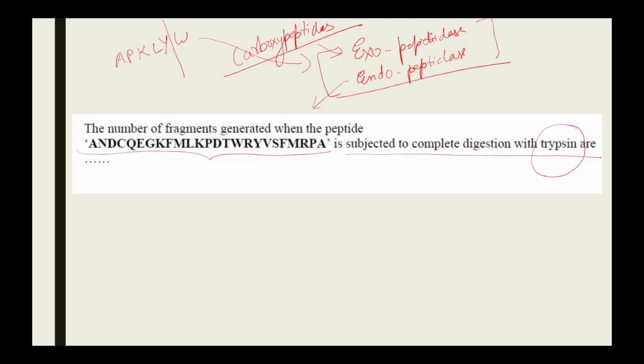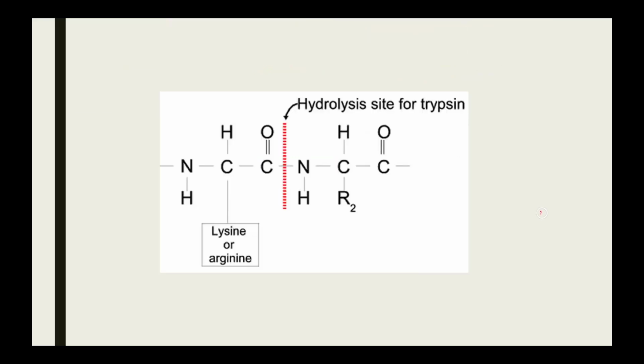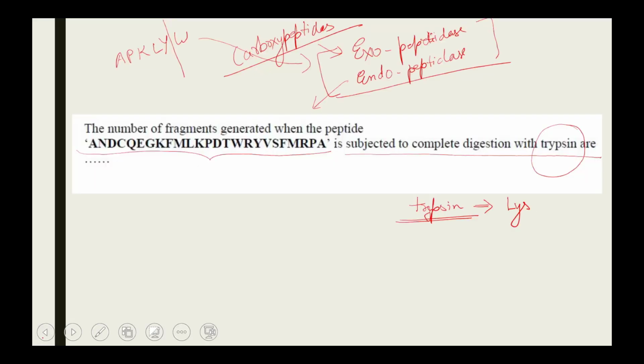So for trypsin, the recognition residues are lysine and arginine. Lysine and arginine are the recognition residues for trypsin digestion.